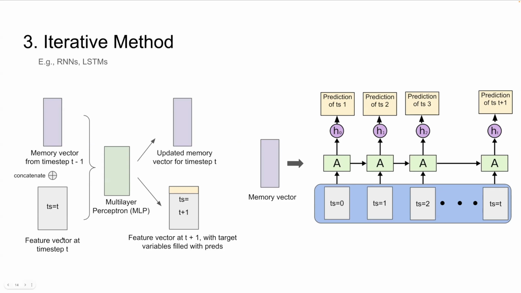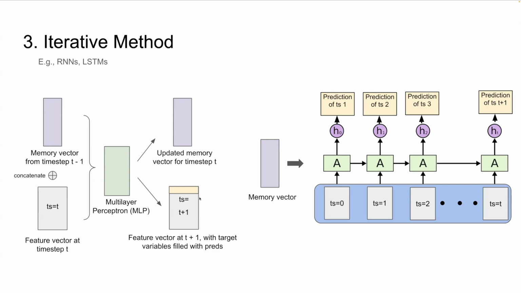So a simple implementation would just be concatenating the memory vector together with this feature vector and feeding it into multiple linear layers, so this MLP here. And then you'll predict two things. First, you'll update the memory vector, because you still want to use the memory vector and pass it on to the next time step.